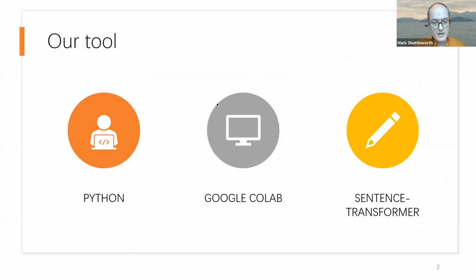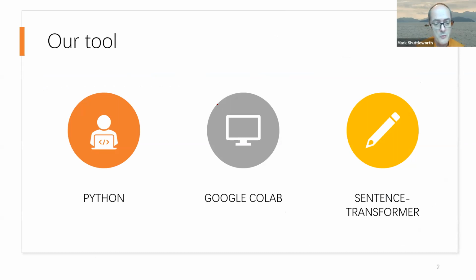So a little bit about our tool. Unfortunately, although the tool is quite well developed, we don't yet have a name for it. So we're going to be calling it our tool, but I'm sure we'll put that right shortly and hopefully come up with a reasonable name. So we're using Python as the development language.